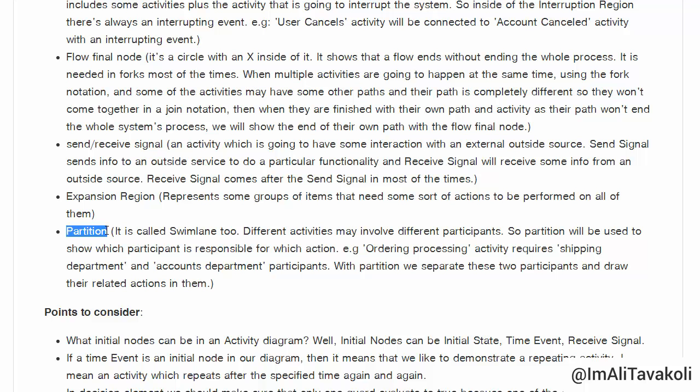With partition, we separate these two participants and draw the related actions in them, so that we understand which actions are related to the shipping department and which are related to the accounts department. It can help us organize our activity diagram, and it's a good thing.